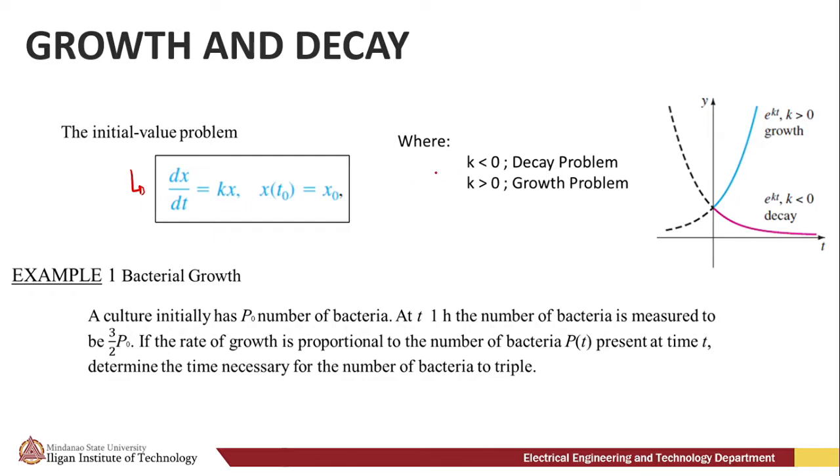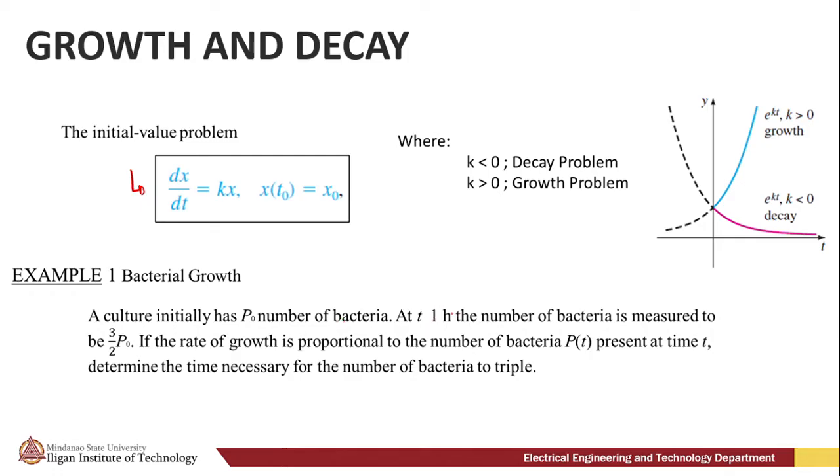If the value of our k is less than 0, then we have a decay problem. And if the value of our k is greater than 0, we have a growth problem. To apply this differential model, we have here an example. A culture initially has P sub 0 number of bacteria.